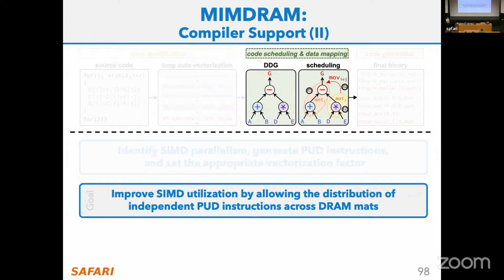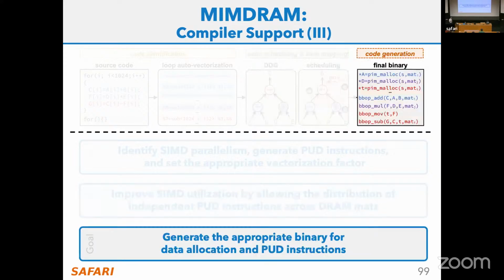So operations that are dependent need to be executed in the same MET so that I don't keep moving data across the DRAM subarray. And operations that are independent can be executed across different DRAM METs concurrently, so I can save latency.